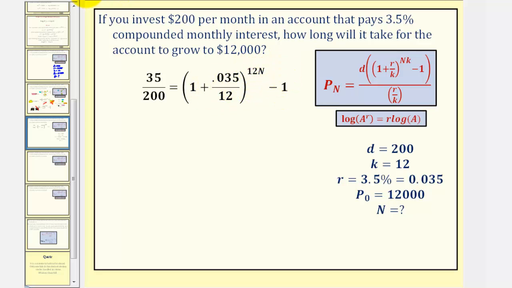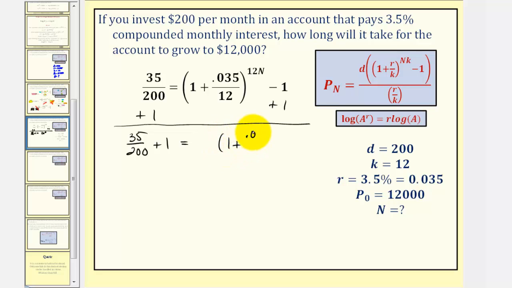So for the next step, we will add 1 to both sides. So we'd have 35 200ths plus 1. Again, we could try to simplify this, but I'm not going to. And this is equal to the quantity 1 plus 0.035 divided by 12 raised to the power of 12n.